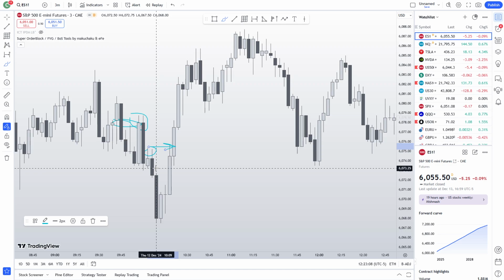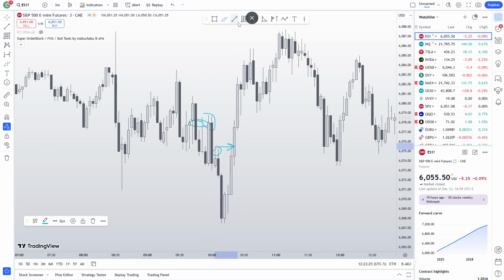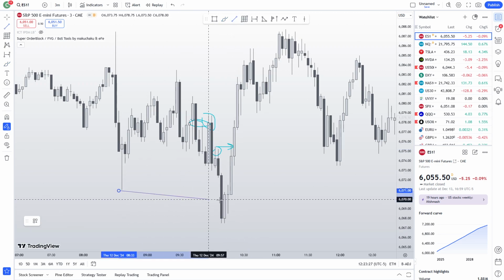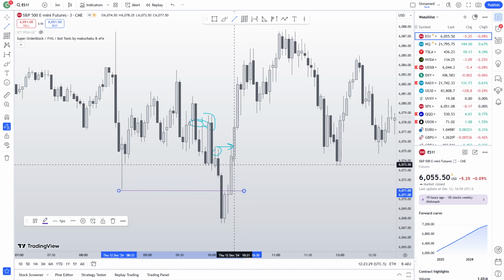Now, do you wait after it's broken? Do you wait for the next candle to close above, or just the moment it breaks it? It depends how you want to trade. One's not better than the other. I'm assuming here if you're holding it to come down, you basically break even if it closes above, if your entry is like the bearish order block itself.